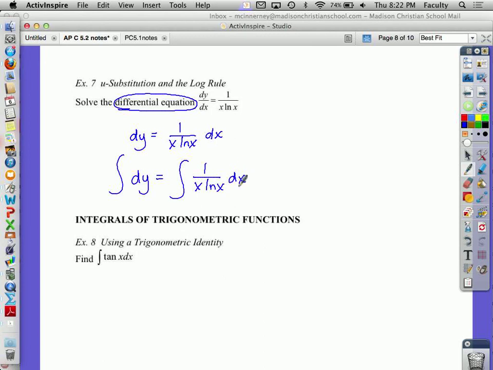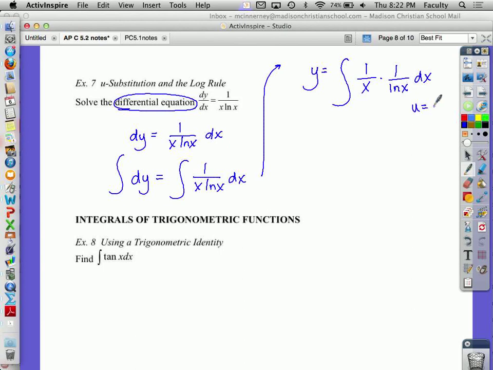And on the left side, I'll continue it up here, that's going to be y. But on the right side, you might think, well, you're stuck, because if I try to let u equal ln x, its derivative is 1 over x dx. But you can sort of see that you really do have that here. Let's rewrite this. 1 over x ln x is the same thing as 1 over x times 1 over ln x.